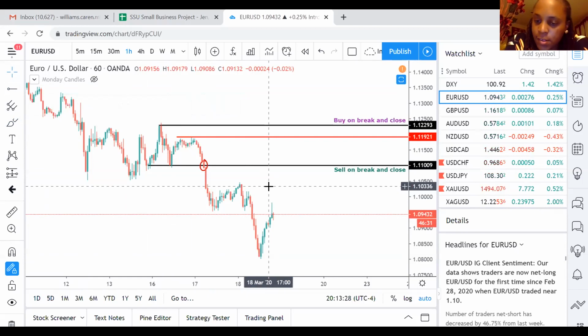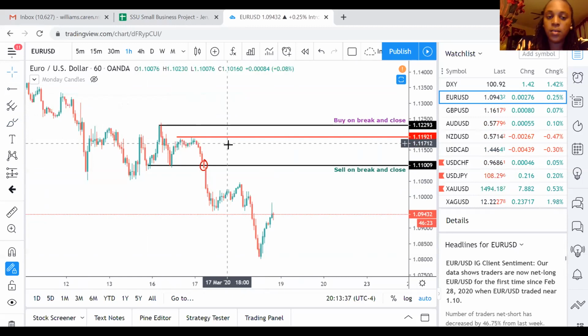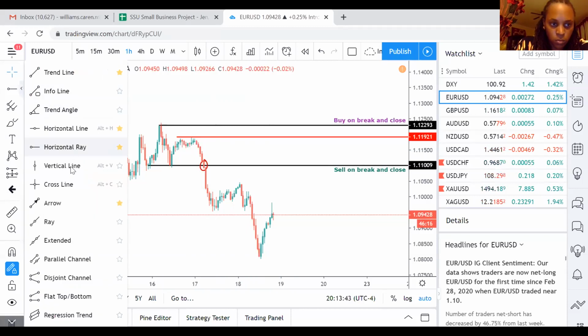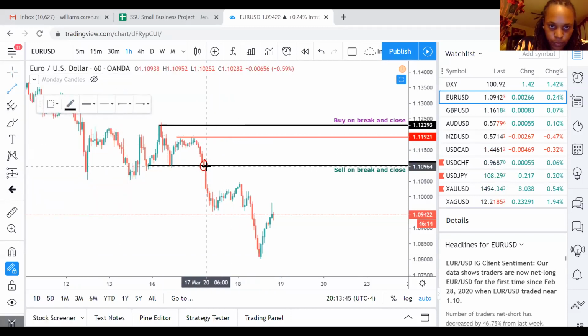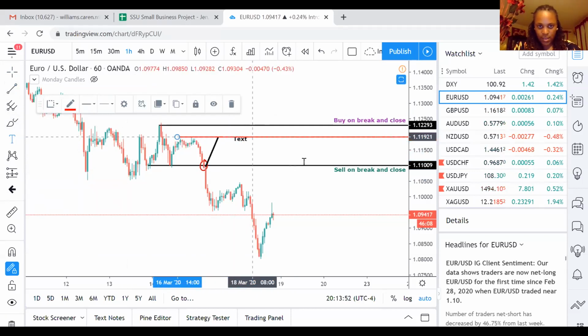Now, there's a reason why your stop loss is there, and I hope you guys are making notes. What it means is that if the trade had to go and actually surpass the last high, it is invalidated.